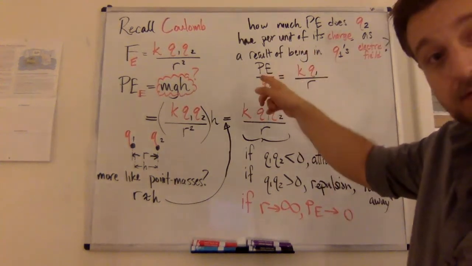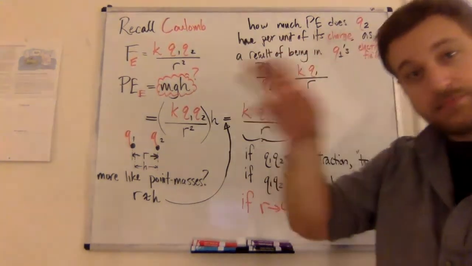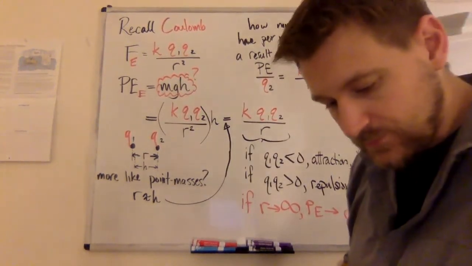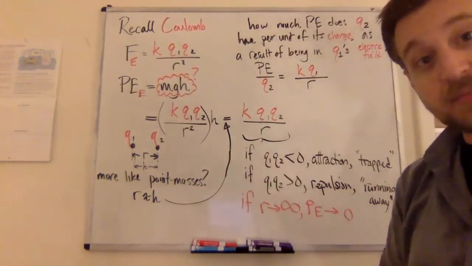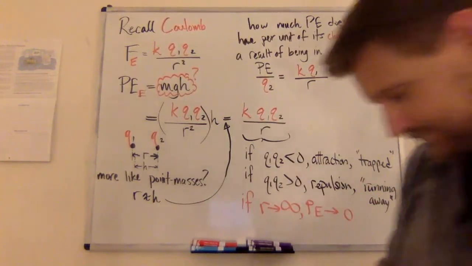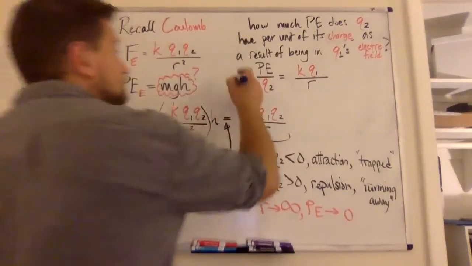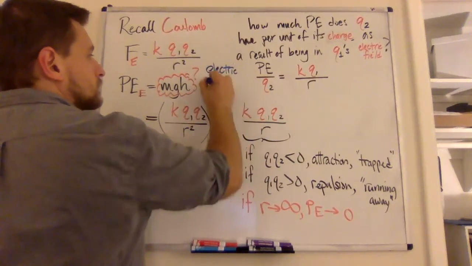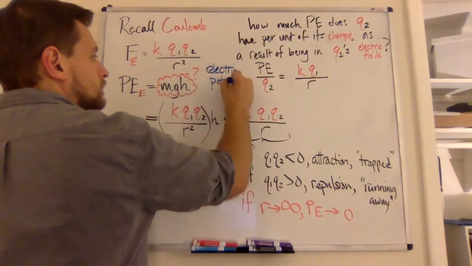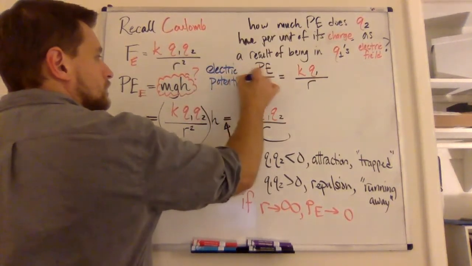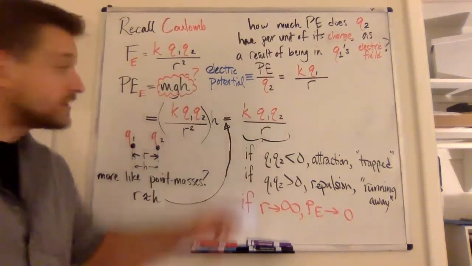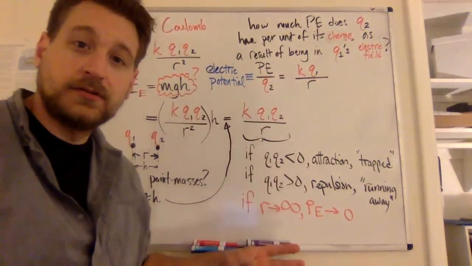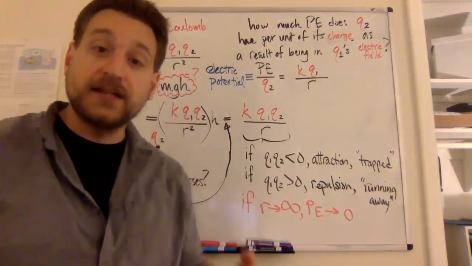This ratio, potential energy per unit charge, I'd like to give that a name. I'd like to make a definition. So I'm going to use an equal sign with 3 lines, which means is defined to be.